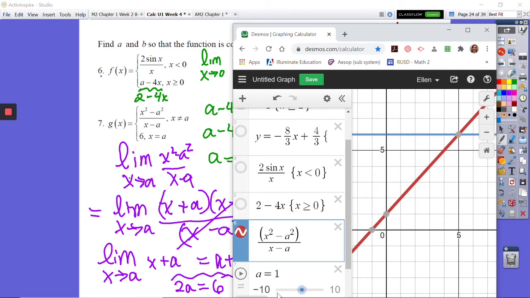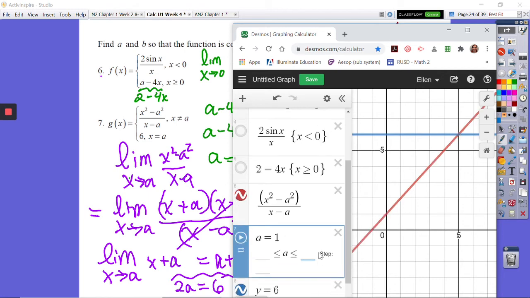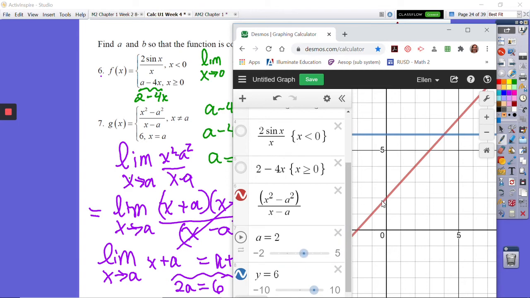So if I move this up, we're stepping by ones. If I move it to 2, now as I trace across it and I click, there's a hole at 2, so it's not filling the hole. So let's try 3.